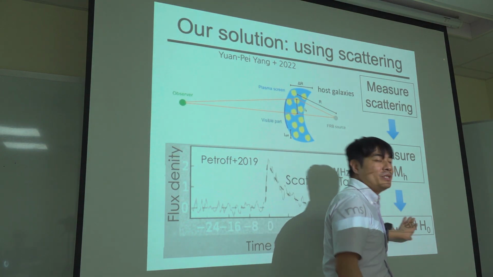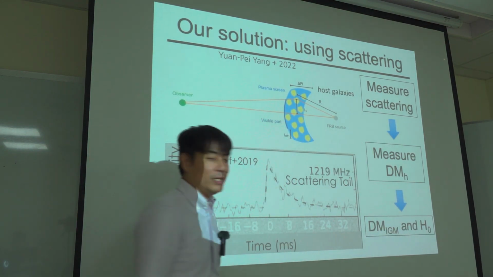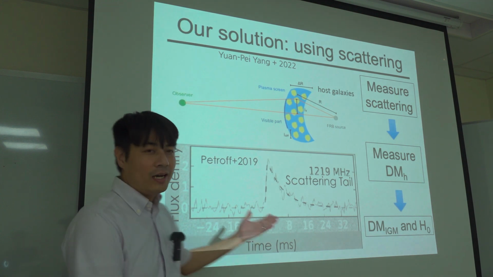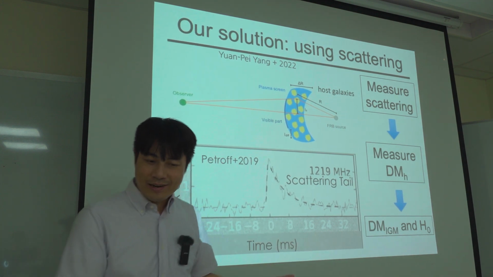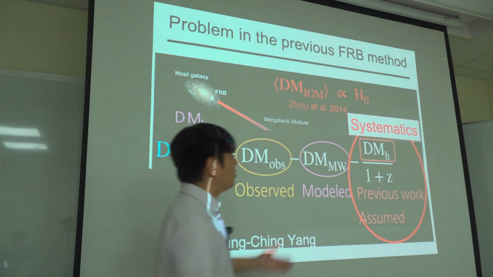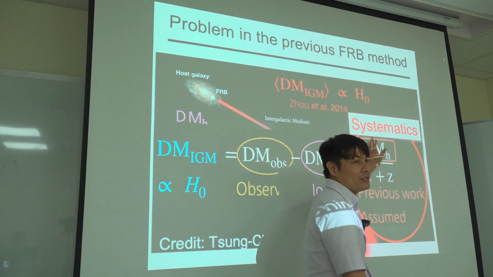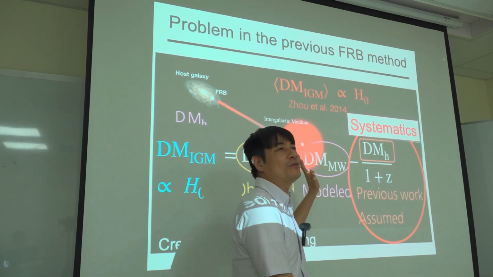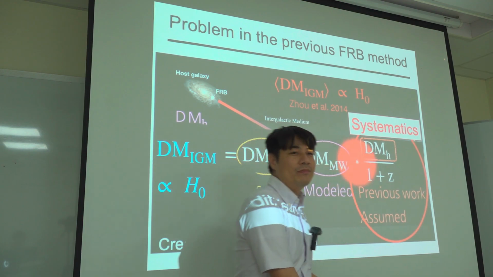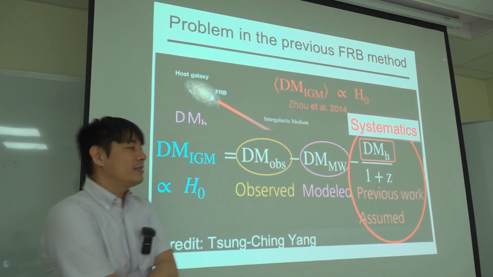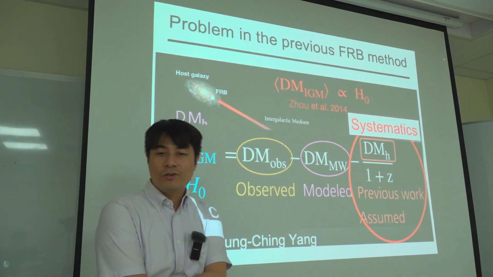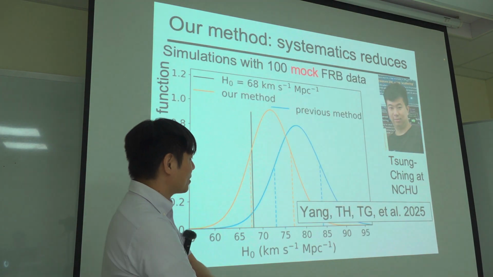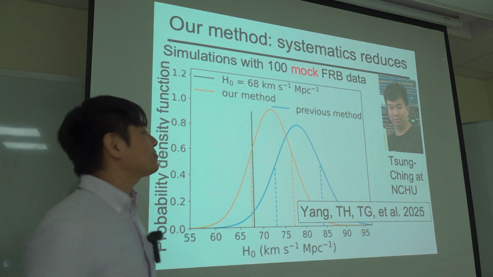Then we get an updated DM IGM and the Hubble constant. So by removing this assumption, we hope we should be able to remove the systematics from this FRB method. Then this makes the FRB method useful for the Hubble constant. That's what we expect, right?